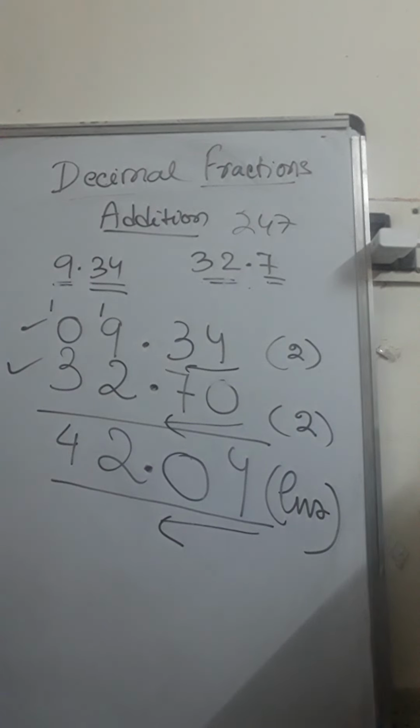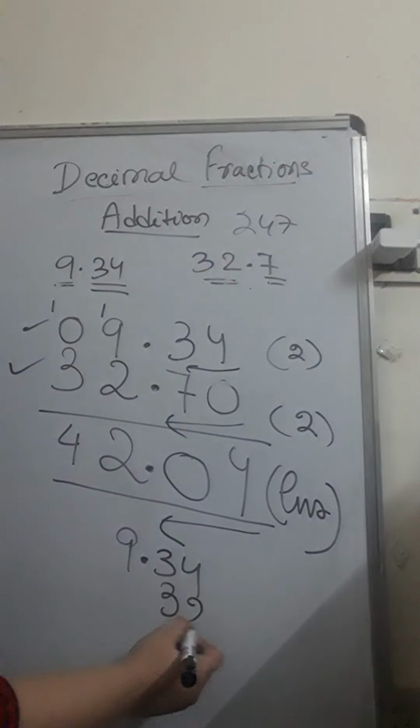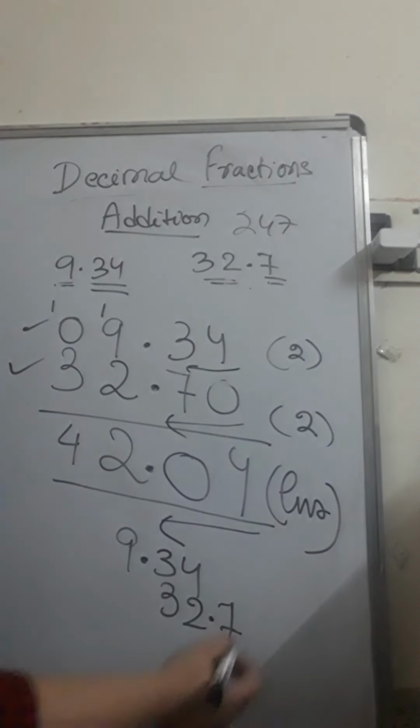So just be very careful about two things. Number one, how to write the numbers. If you make a mistake in writing, for example, if you write 9.34 and you don't think about which is the whole number part or decimal part, and you write just the way you want to, and then you write 32.7 like this, you will find confusion.